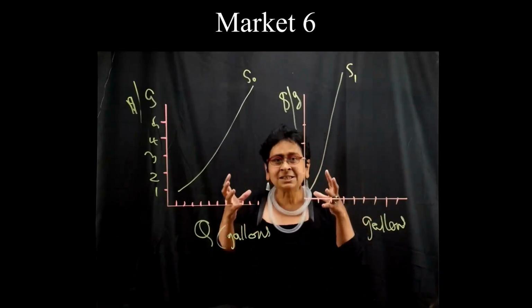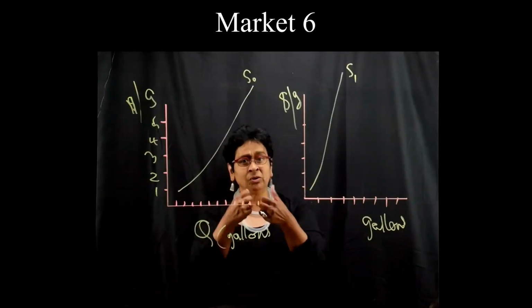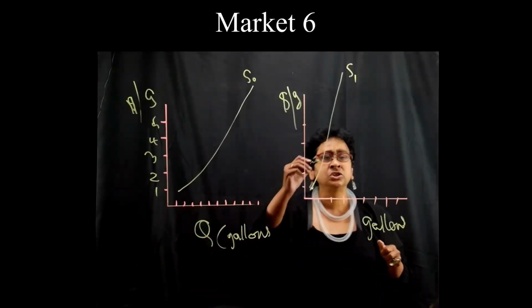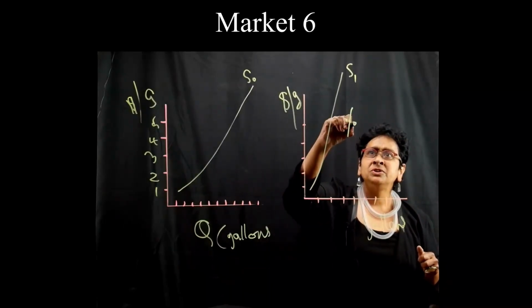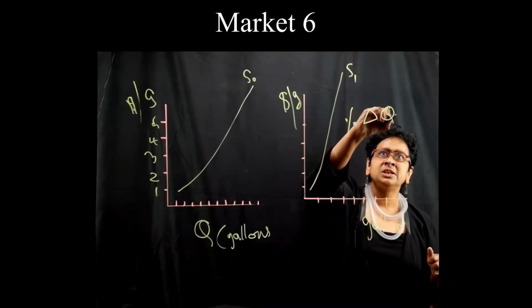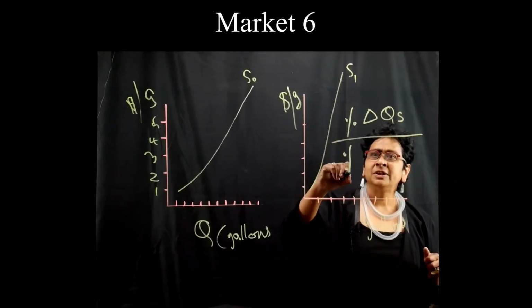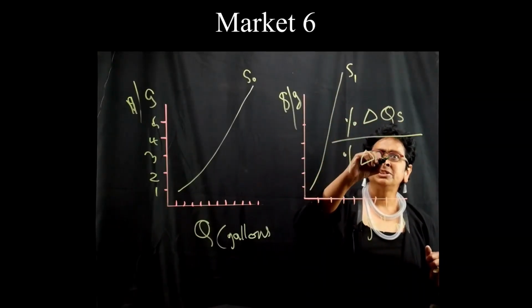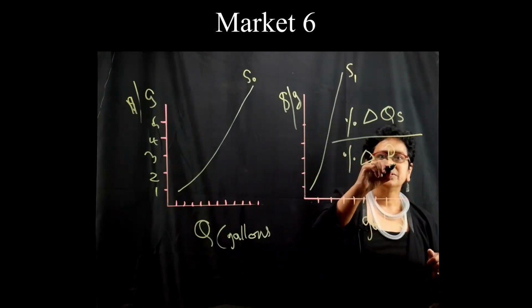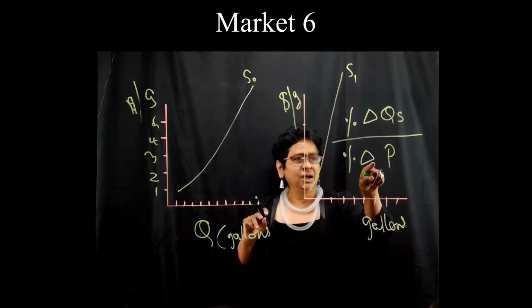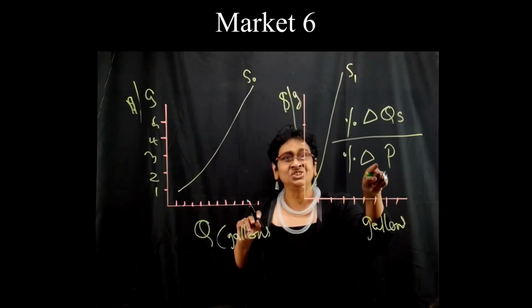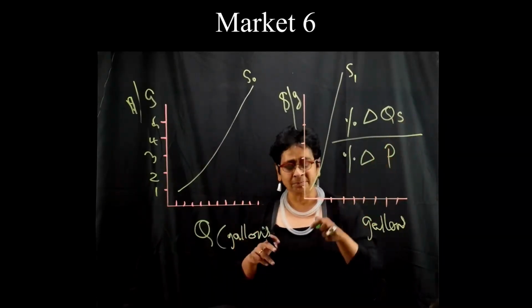So this idea of responsiveness is what we call elasticity, and the way we measure it is that we take the percentage change in the quantity supplied as a ratio of the percentage change in price.